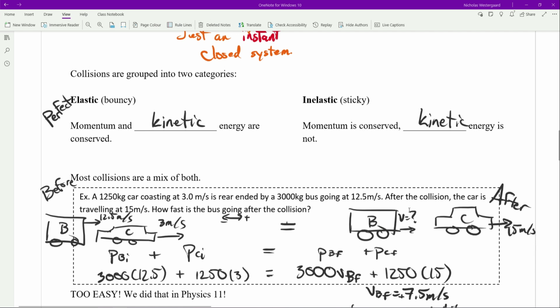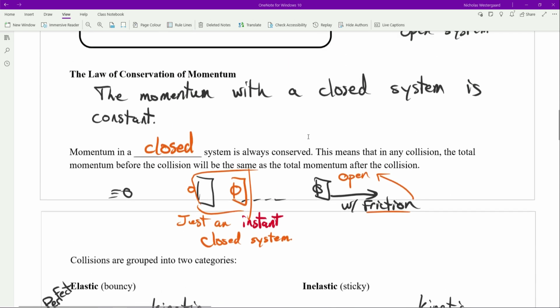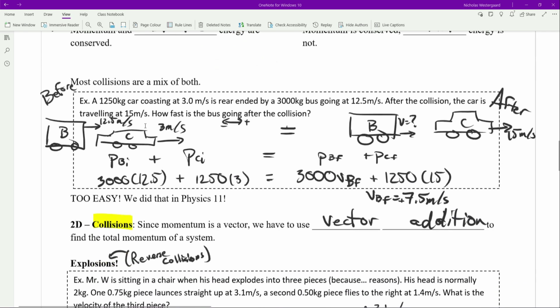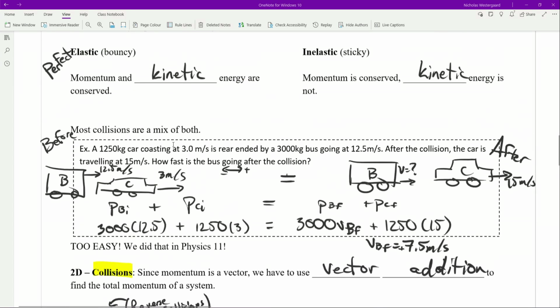The law of conservation of momentum states that the total momentum before the collision should equal the total momentum after the collision, because the momentum in a closed system is constant. The system is the bus and the car together, so the momentum of the bus and car together should never change. What happens before should equal what happens after, so long as those are the two objects in my system.